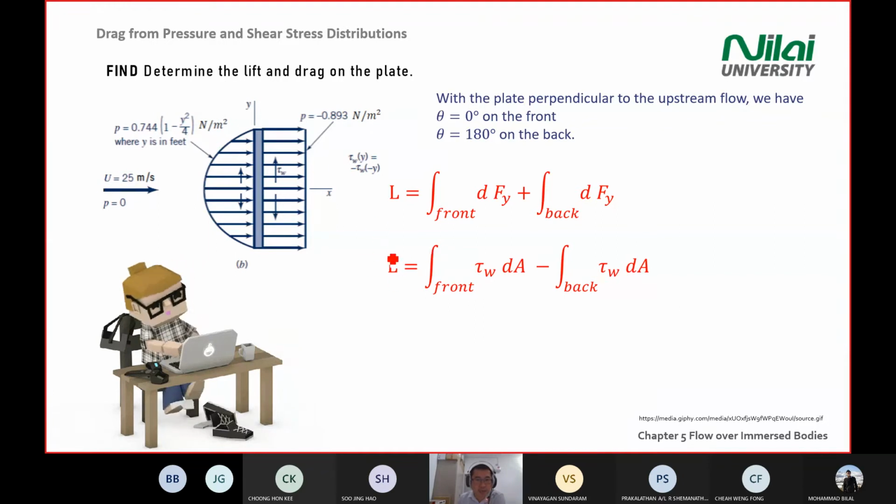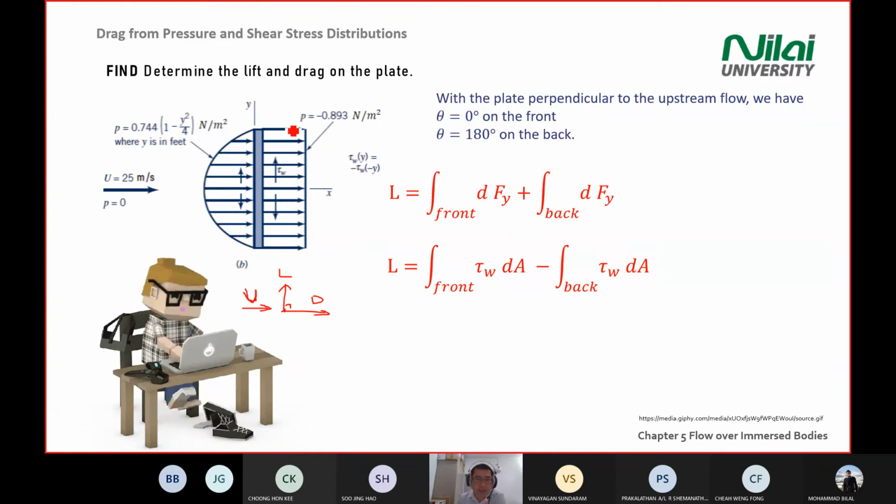Your lift is always perpendicular, 90 degrees to the upstream or to the velocity. Your drag is always parallel to the velocity.